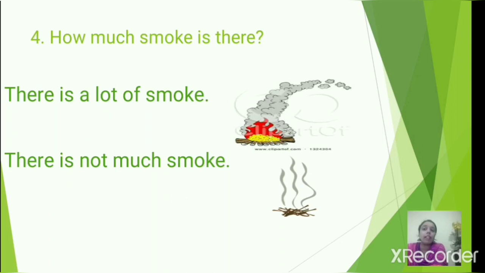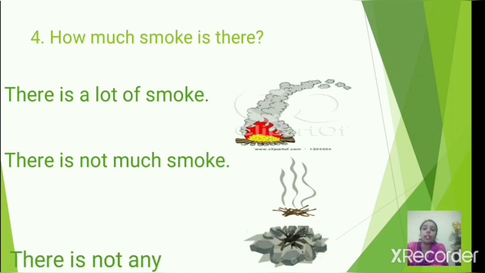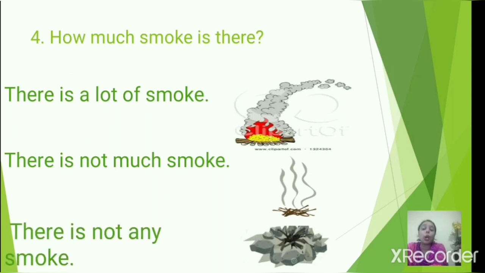Yes, there is not much smoke. When I am comparing the first picture and second picture, in the second picture, there is not much smoke. In the third picture, you can see there is not any smoke. It means there is no smoke.